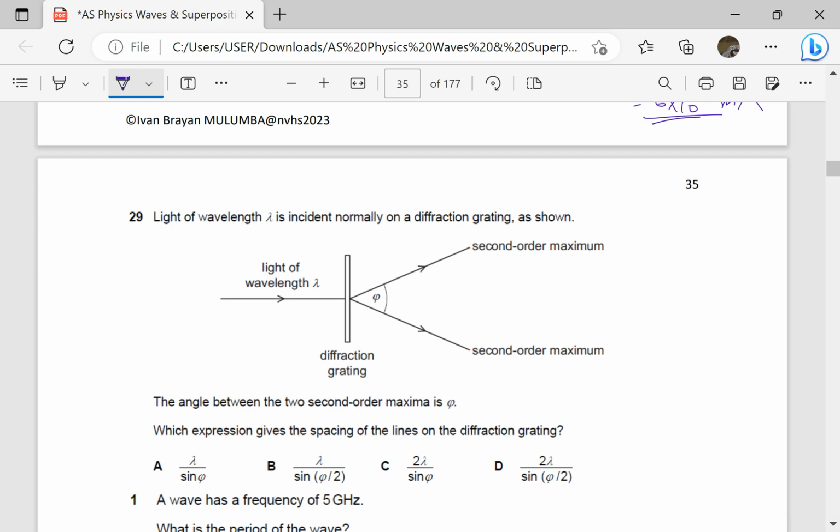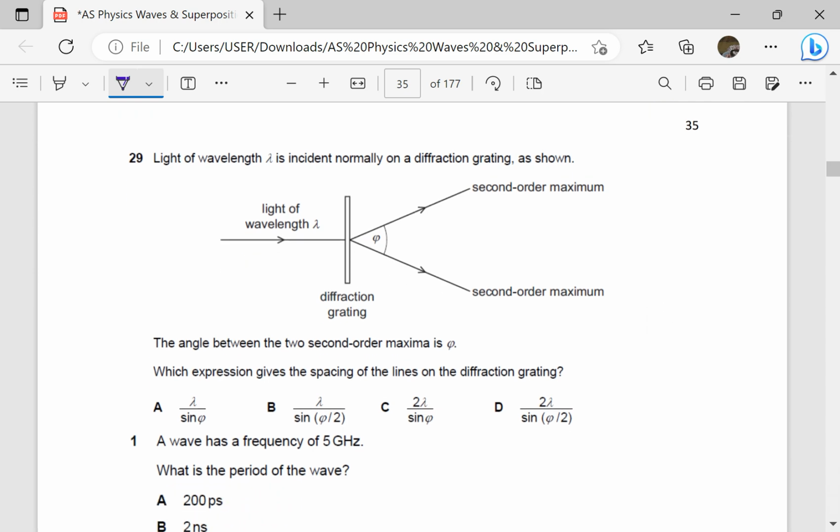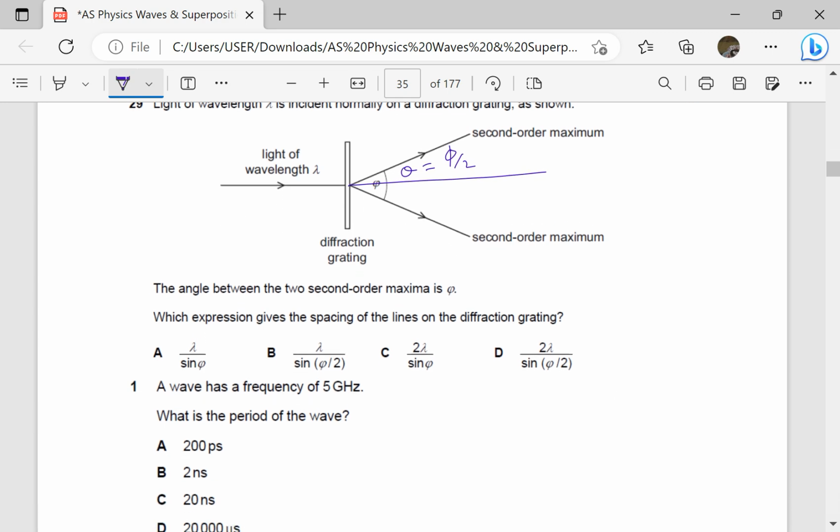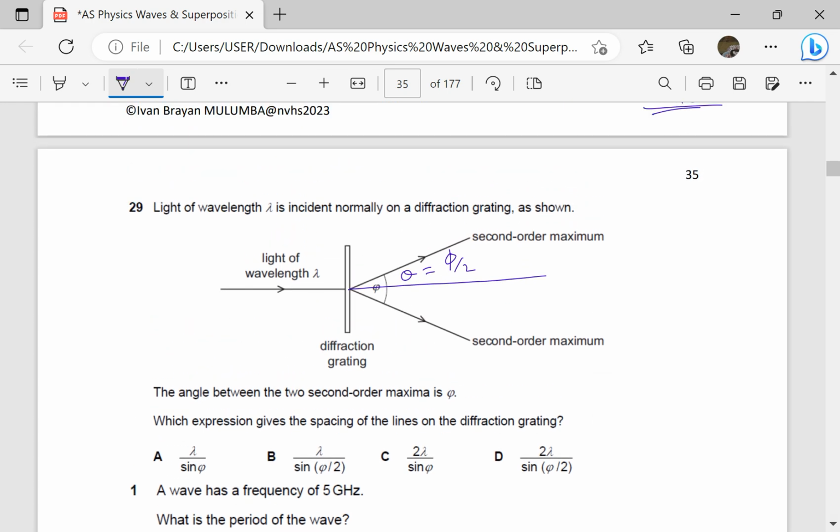Light of wavelength lambda is incident normally on a diffraction grating as shown here. The angle between the two second order maxima is phi. So we divide this by 2, so it will be phi divided by 2, because theta is always measured from the central maximum. Which expression gives the spacing of the lines on the diffraction grating?